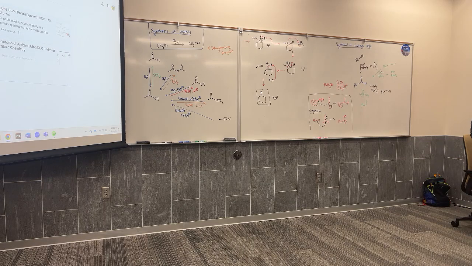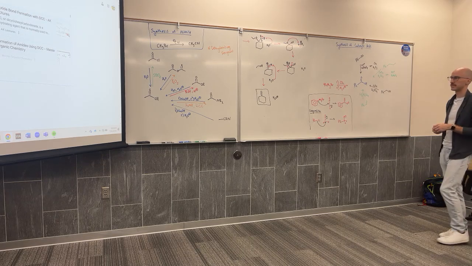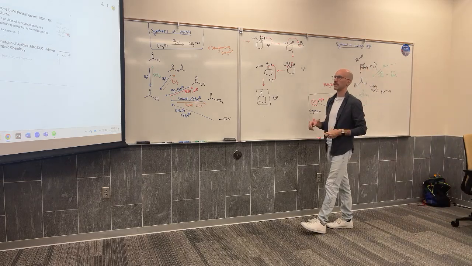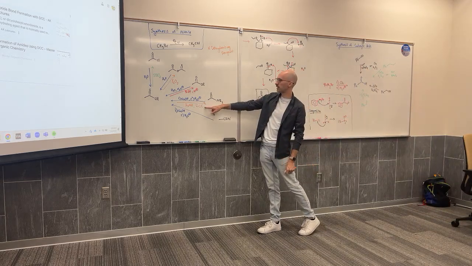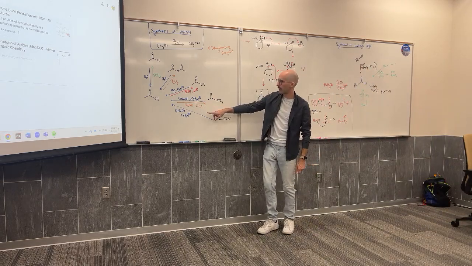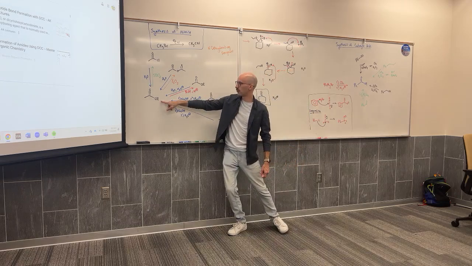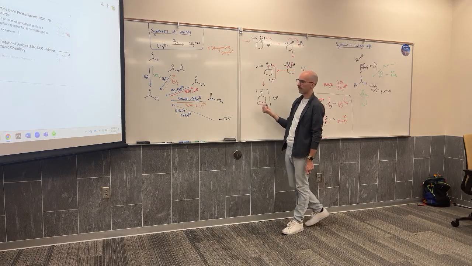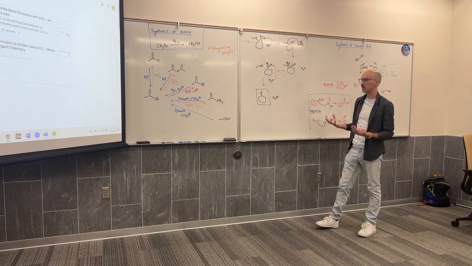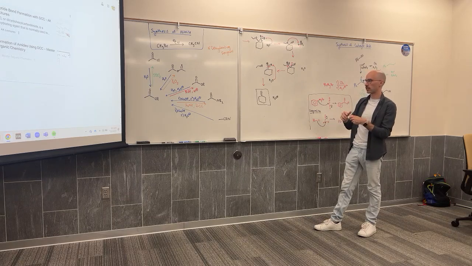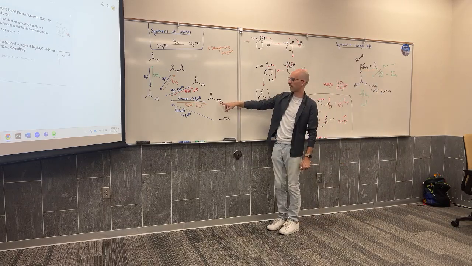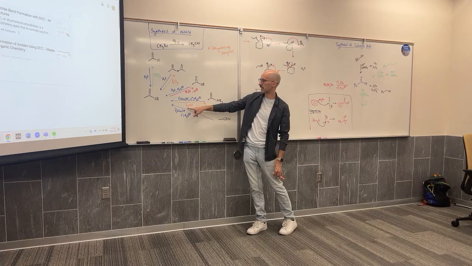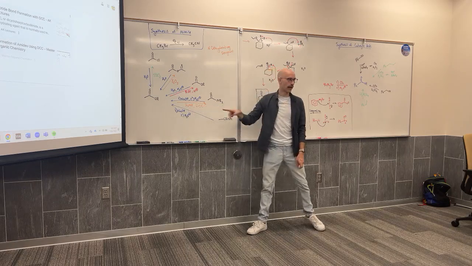N,N-dicyclohexylcarbodiimide. If we get time, we'll look at it tomorrow. But all you need to know is that this helps pull out H2O from the reaction so that it's allowed to go forward. So keep in mind, I've got NR2 here, which means that I need NHR2 as a reagent.